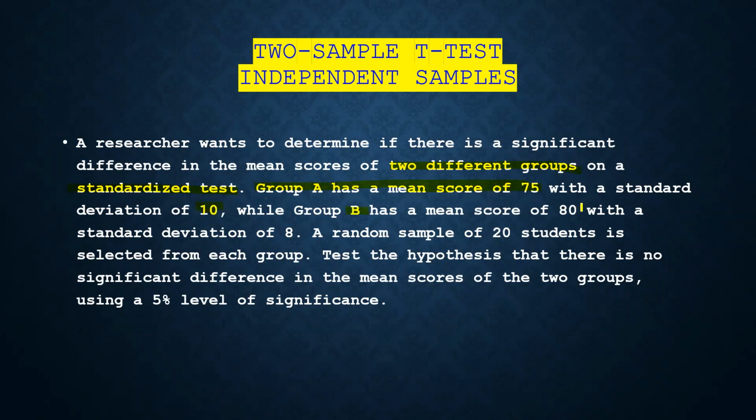Group B has a mean score of 80 with the standard deviation of 8. A random sample of 20 students is taken from each group, and we want to test the hypothesis that there's no significant difference in the mean scores of the two groups using the 5% level of significance.